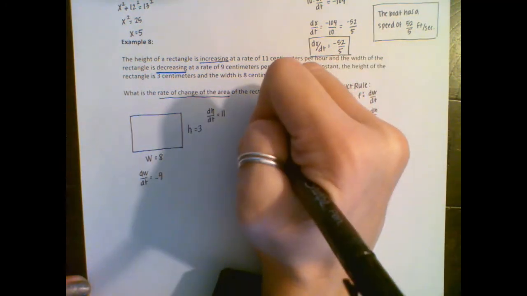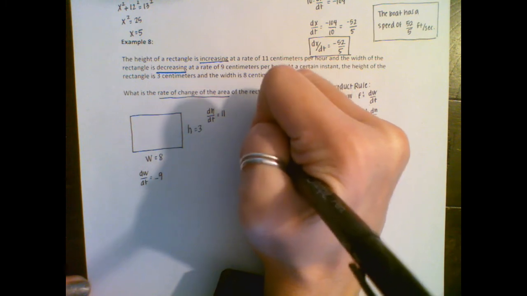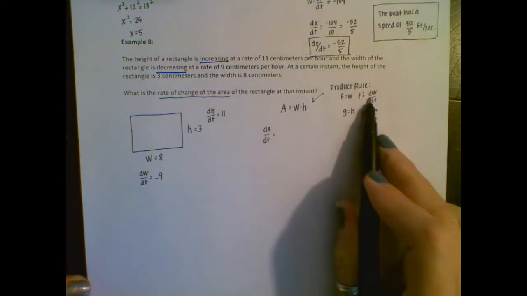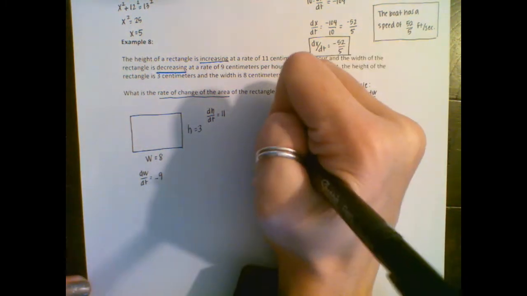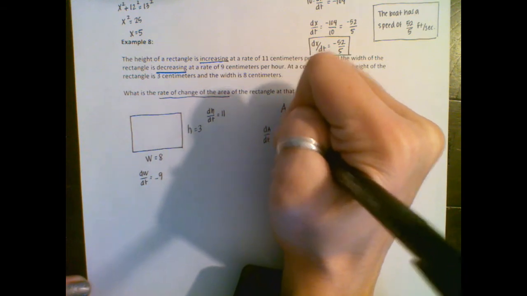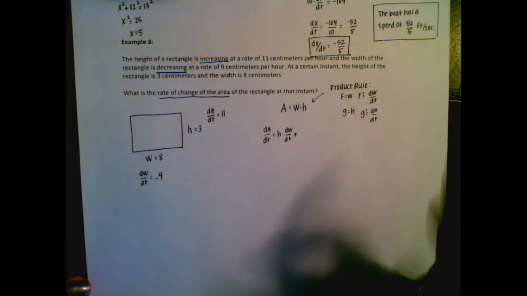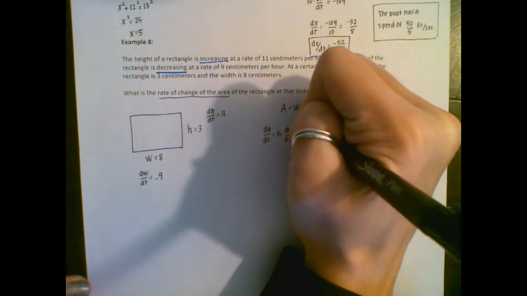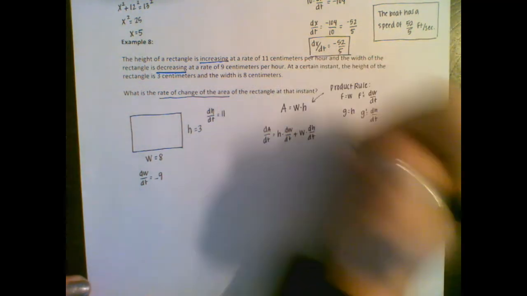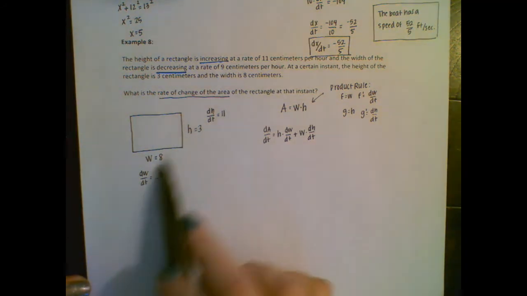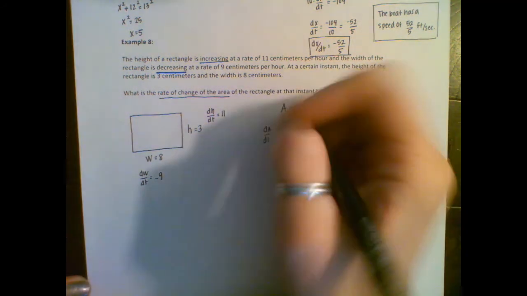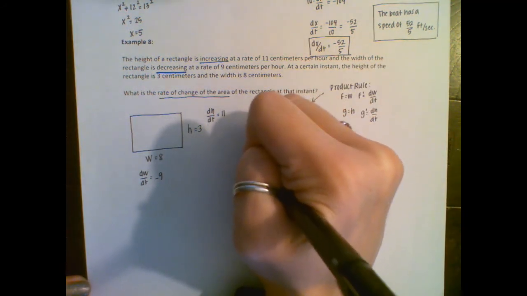So if I apply my product rule, my dA/dt is going to be equal to my f prime times g. So I'm going to write that as h times dw/dt, plus my f times g prime, so w times dh/dt. And I have all of these pieces of information, so I don't need to find any of them. So I'm just looking for dA/dt.